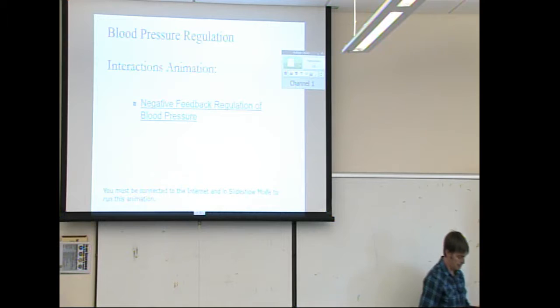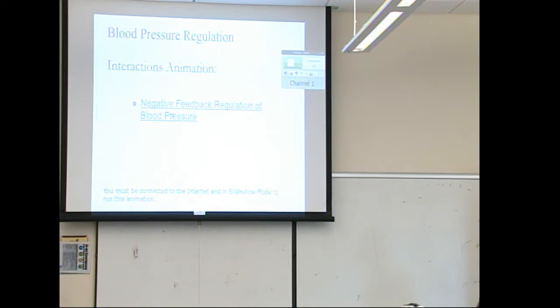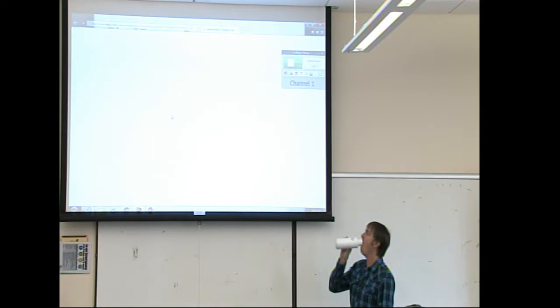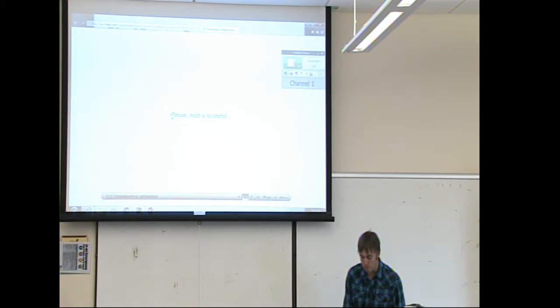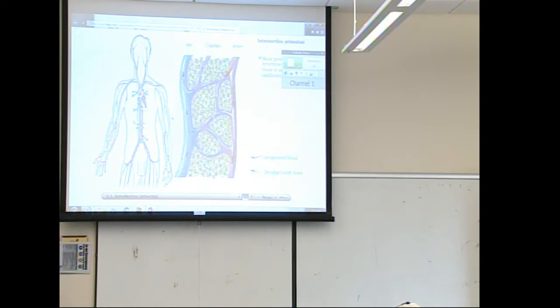All right, so let's take a look at the response to low blood pressure. This one. Nutrients and waste exchange between blood and body cells occurs. If the pressure is too low, not enough blood goes into the capillaries.